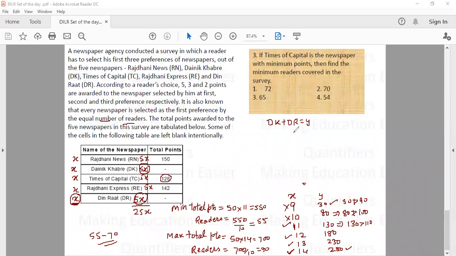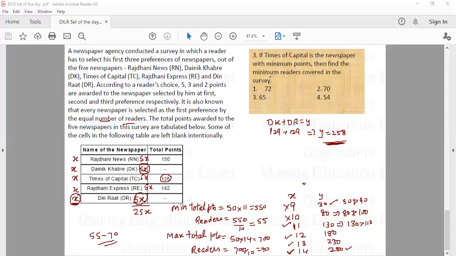I can say that the points of DK are more than 128. At the minimum, let's say 129, and similarly here 129. These are the minimum points of DK and DR. That means the minimum value of y should be 258.